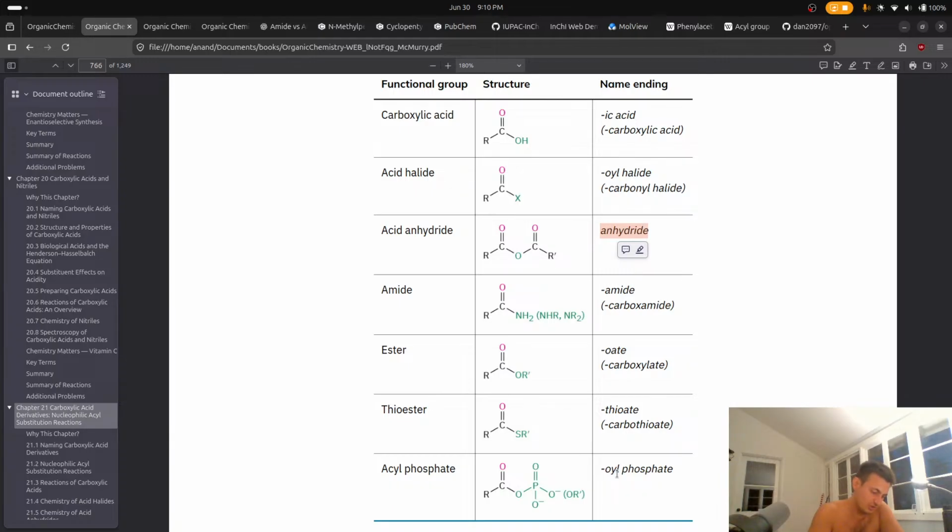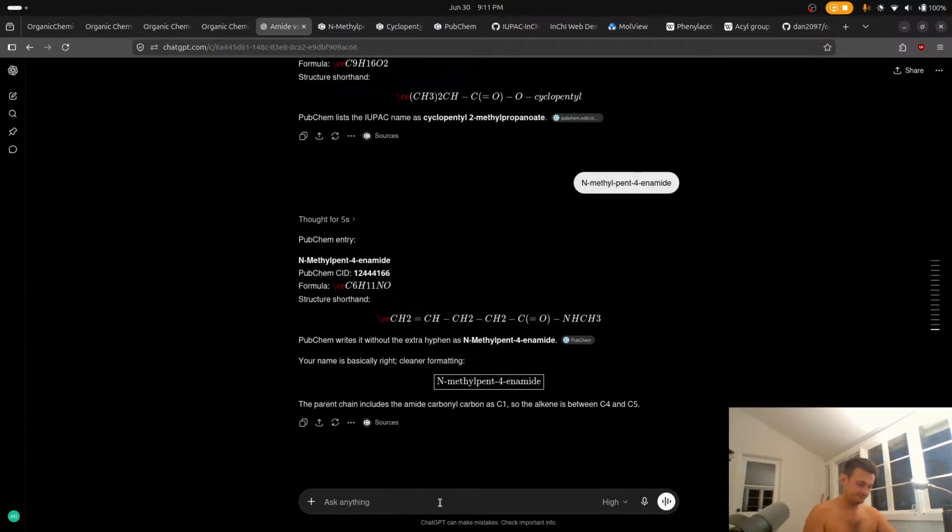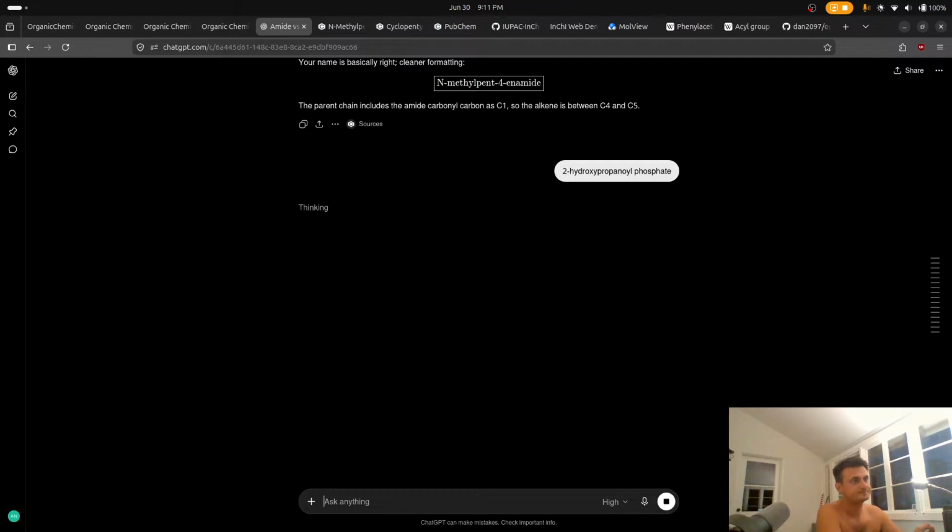So it's going to be 2-hydroxypropanoyl phosphate.